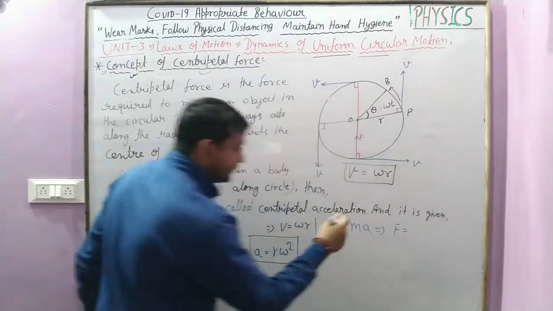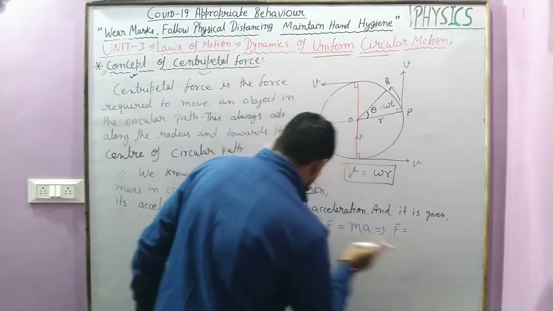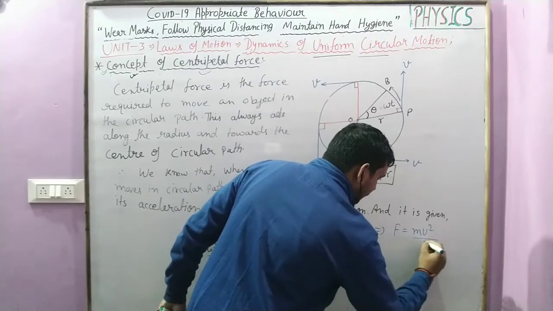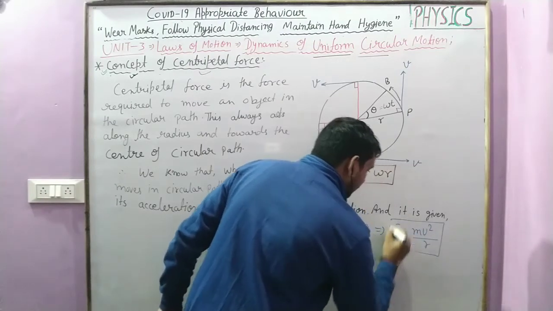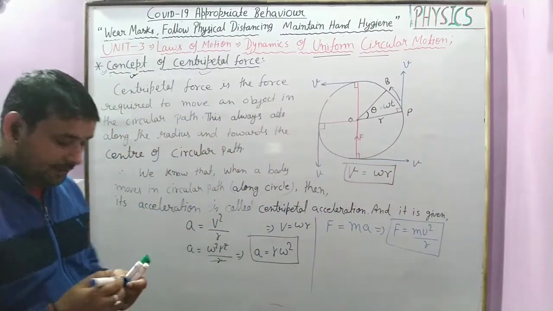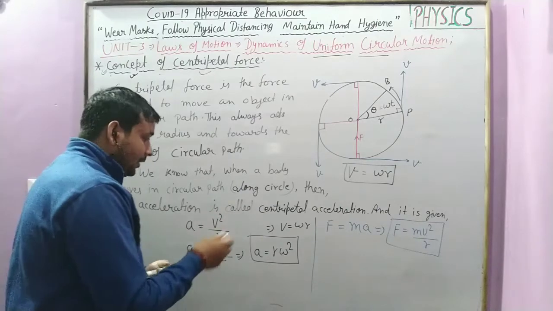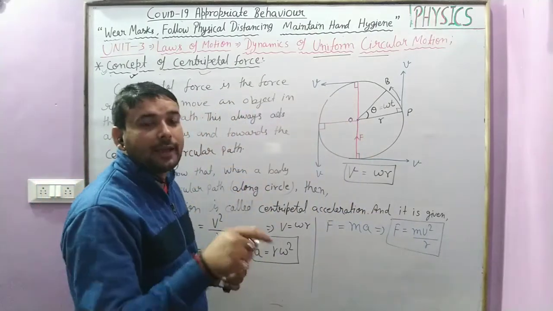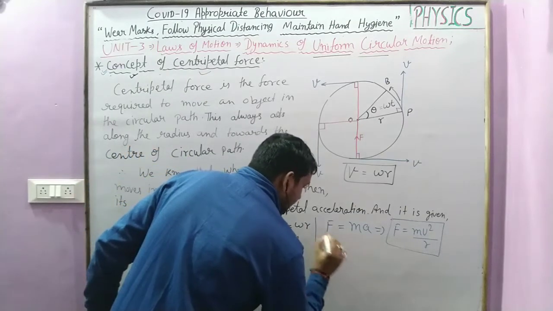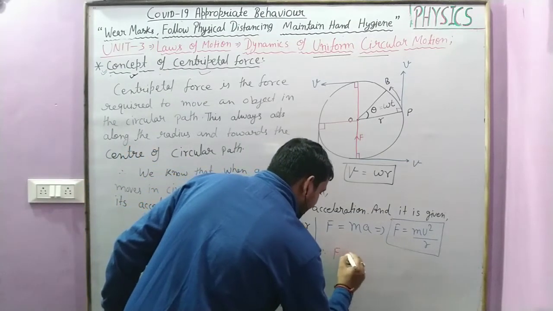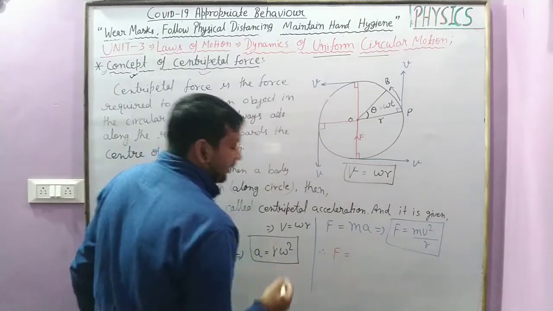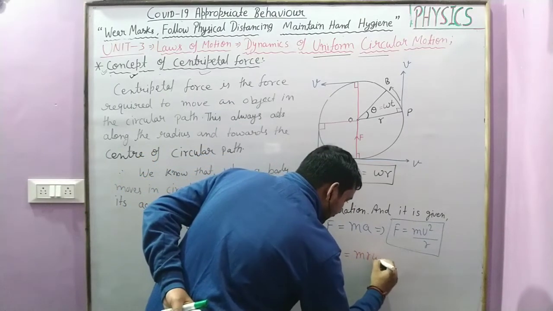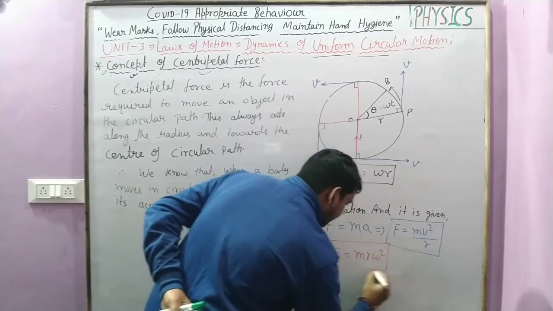So we get the centripetal acceleration, or the centripetal force, is equal to mv square upon r. This is the first relation, in the form of the linear velocity. Because the particle is moving in a circular path, it has an angular velocity, therefore the force acting on the particle in the form of angular velocity is mr omega square.